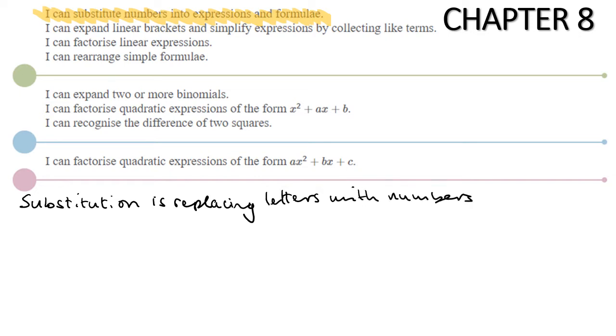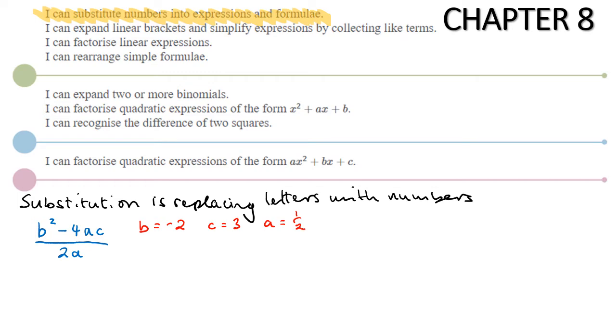So if I had something like b squared minus 4ac divided by 2a, for example, then I might be told something like b is negative 2, c is 3, a is a half.